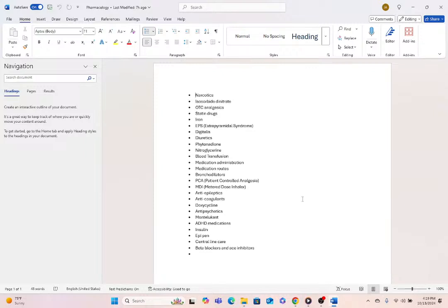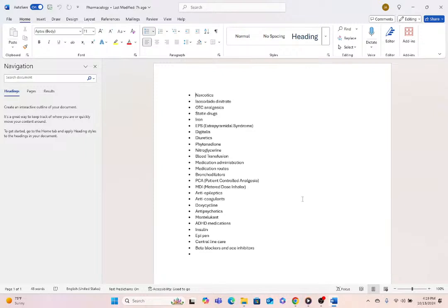And you can only use sanitizers between two patients, but the patient should not have isolation precaution. If they have an isolation precaution, you cannot use hand sanitizer. For patients that are on isolation precaution, it's always best to what? Use hand washing.